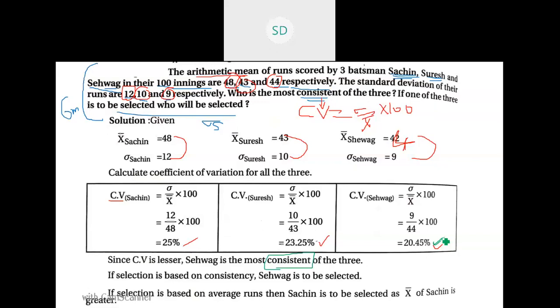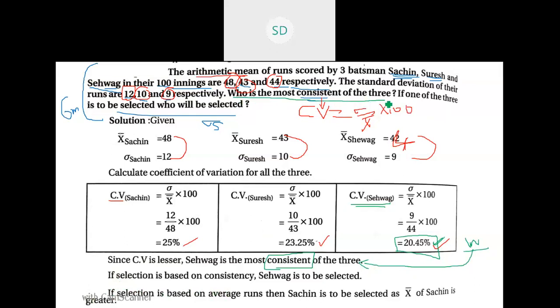Here they are asking us the consistency, so we take Sehwag because the CV is very less, which means they are uniform. As I told you, when CV is less, they are more uniform, which means they are very consistent. So we answered the first question, who is more consistent.